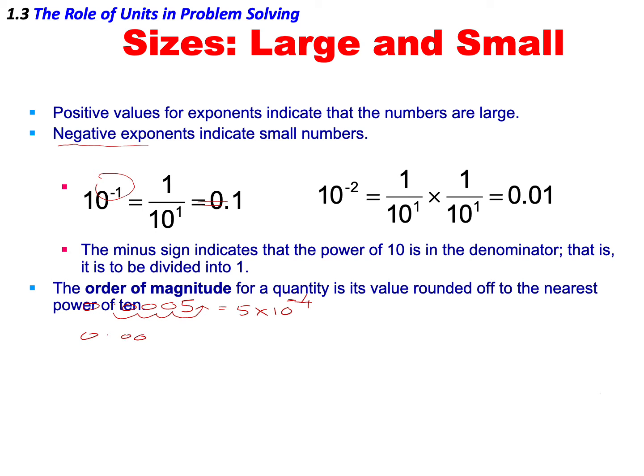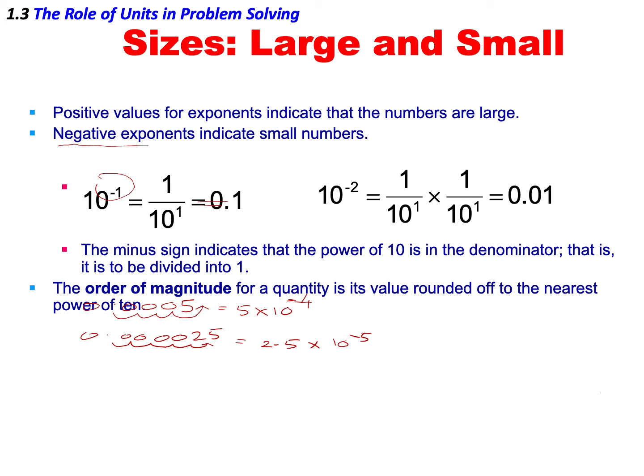Let me take another example. 0.000025. You can write this by shifting 1, 2, 3, 4, 5 positions, 2.5 times 10 to negative 5.